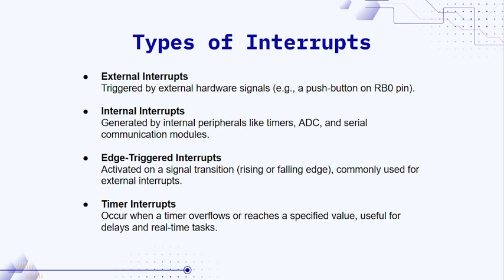The addresses are stored by the stack pointer, which is common in all types of microcontrollers. Triggered interrupts are activated on signal transitions like rising edge or falling edge, commonly used for external interrupts. Timer interrupts occur when a timer overflows a specified value, which might be due to an unintended event.